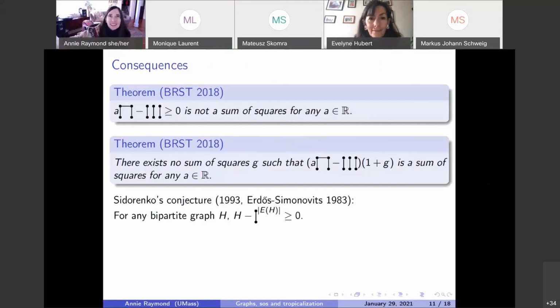Tropicalizing always simplifies, for us, addition and multiplication becomes taking the max and adding. So you're changing what your operations look like, which can give new insight. Yes. All right, thanks.